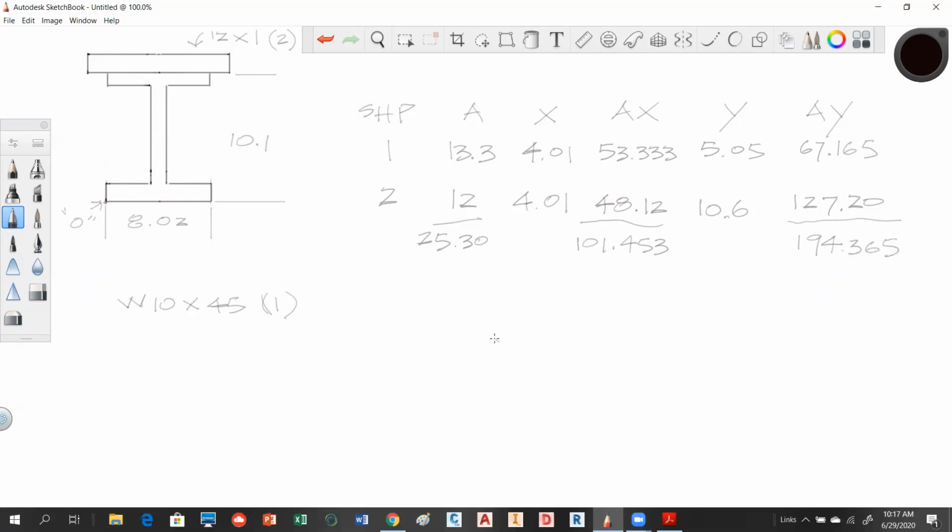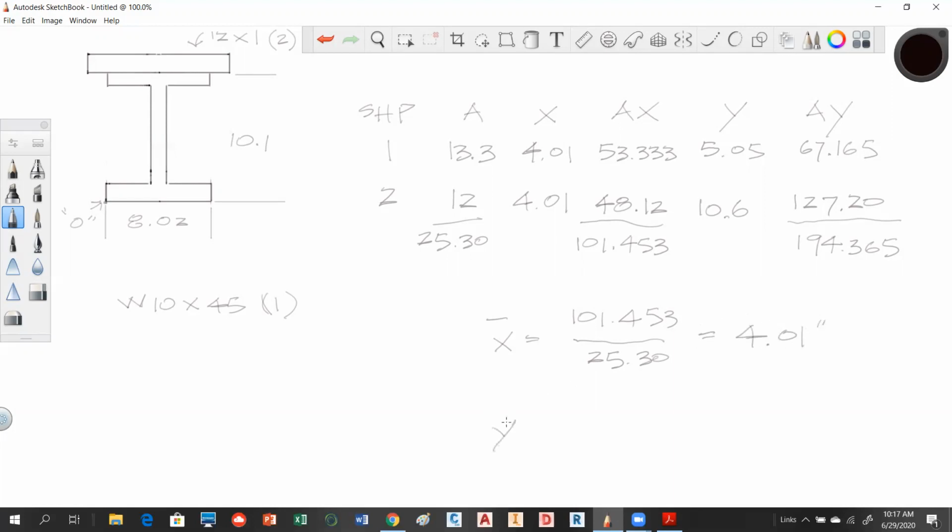So our x bar distance is the sum of the AXs divided by the sum of the area. And this turns out to be 4.01.